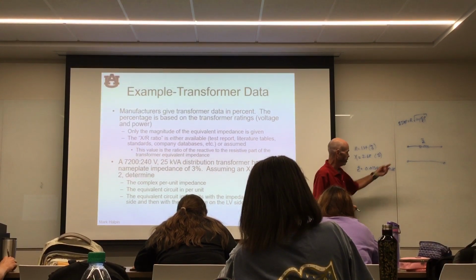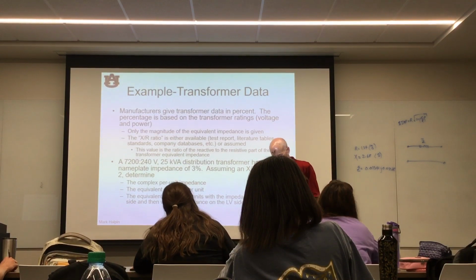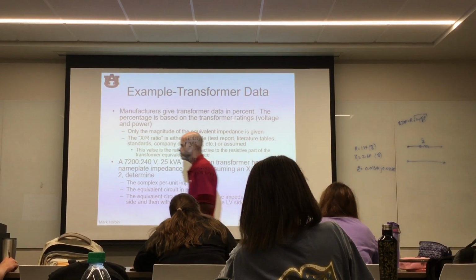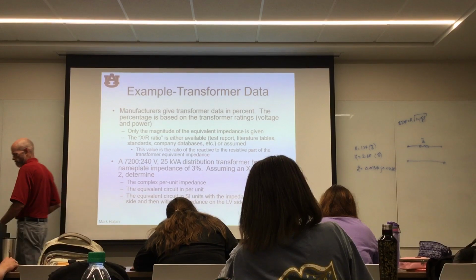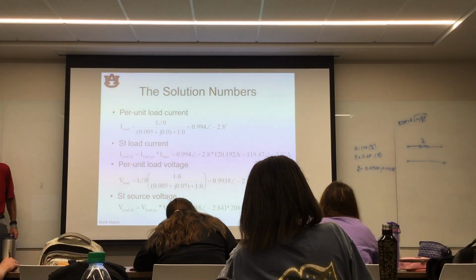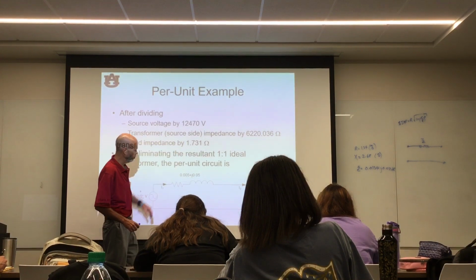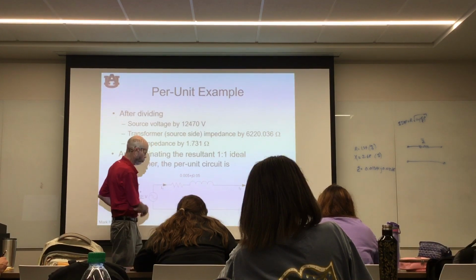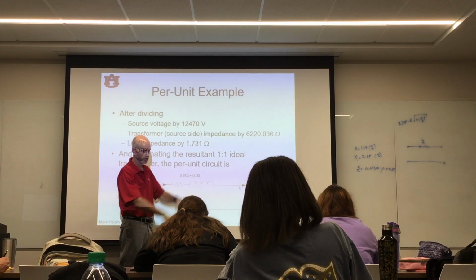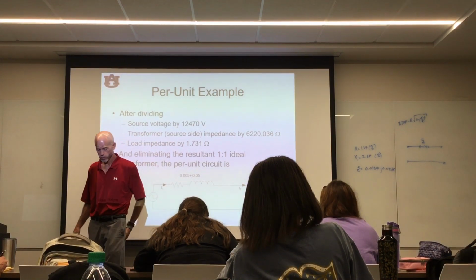And of course, there's the impedance. So, if I was working a problem like this one, there's the impedance. I can hook the source up, load up, and proceed to calculate.